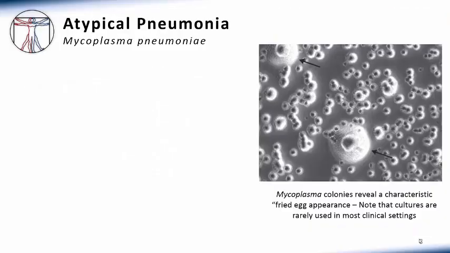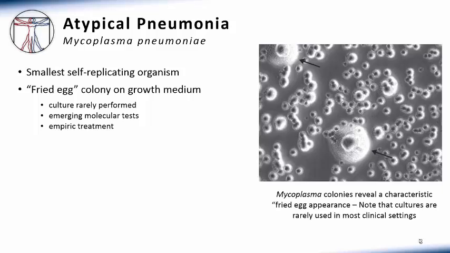In terms of the atypical bacterial causes of pneumonia, one of the most common is Mycoplasma pneumoniae. Now, the Mycoplasma are the smallest self-replicating organisms that are known, and when they do grow on artificial media, they have this colonial appearance of a fried egg, as demonstrated on the right-hand side of this slide.